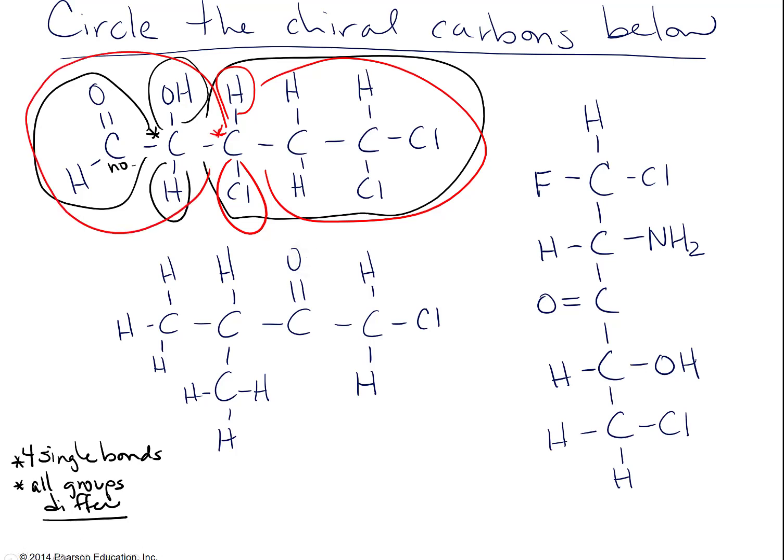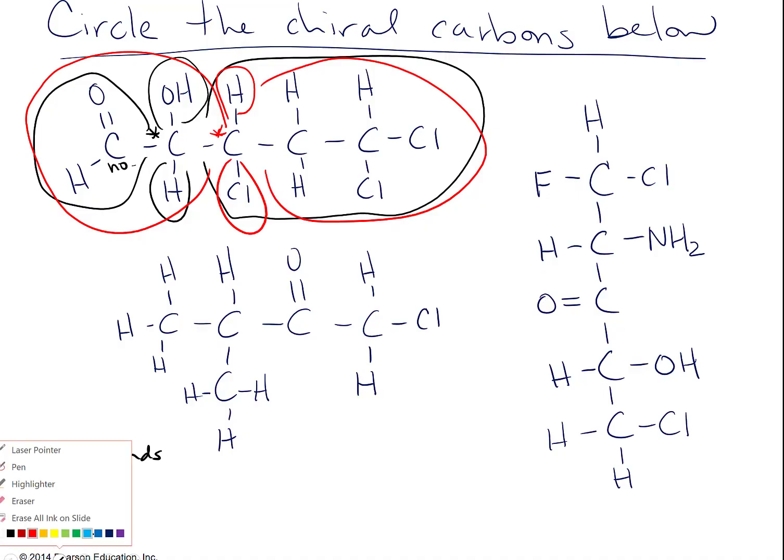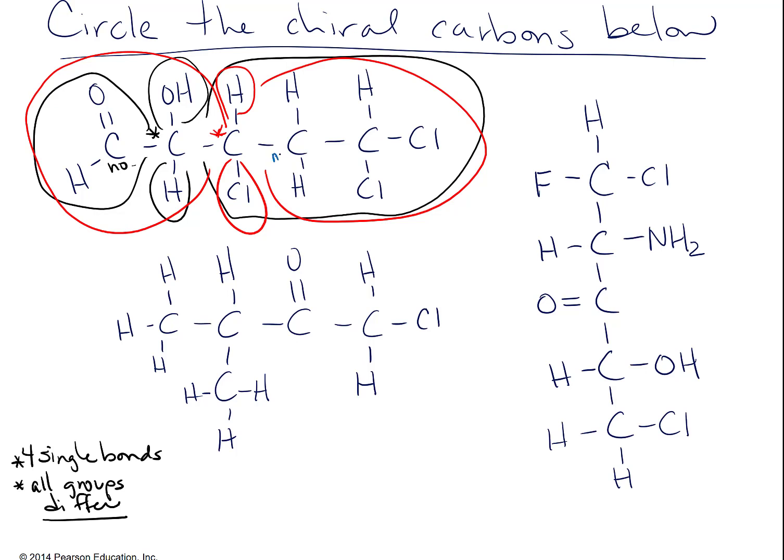Next carbon would be a no, and it's a no because I have 2 hydrogens, so I don't even have to try circling things. Next carbon, I have 2 chlorines, so that would be a no. So the total number of chiral carbons in that molecule would be 2. Looking at the one underneath, the first carbon I come to, no, it's got 3 hydrogens.